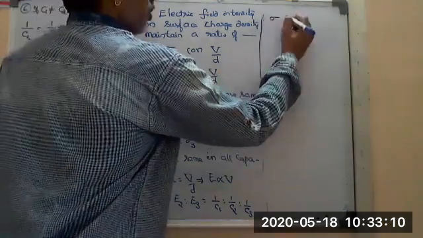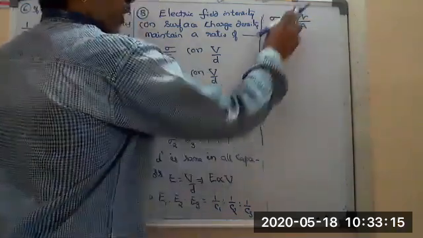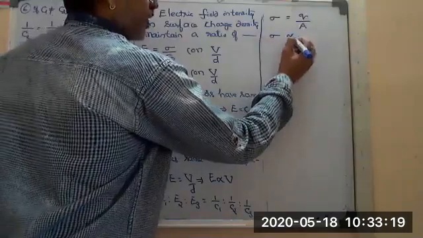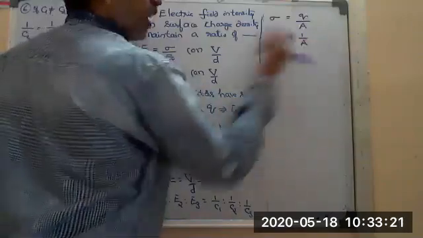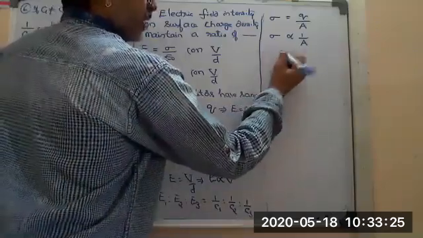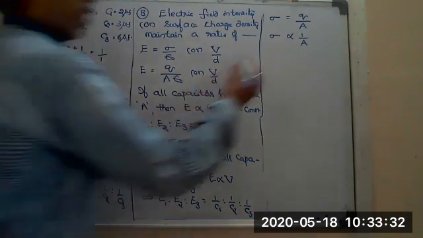Sigma is equal to our formula Q by A. Q is constant, I know. That's why I can write sigma is inversely proportional to the area of cross section. Here area is not given, so will you convert that in terms of capacity? I say yes. How, sir?